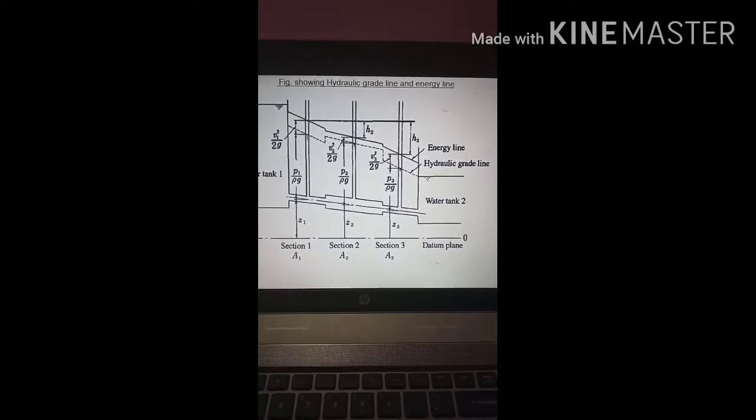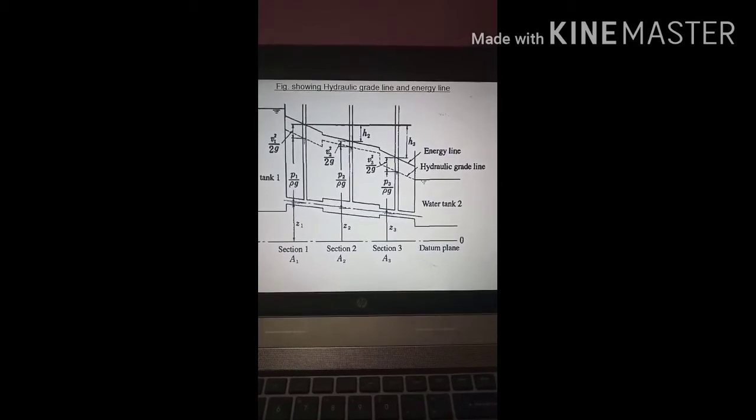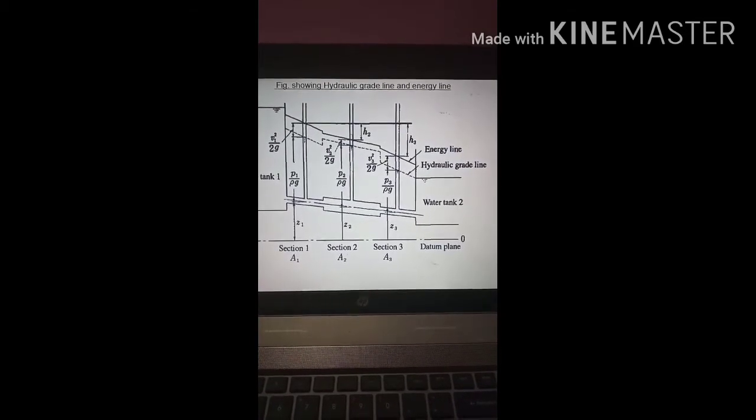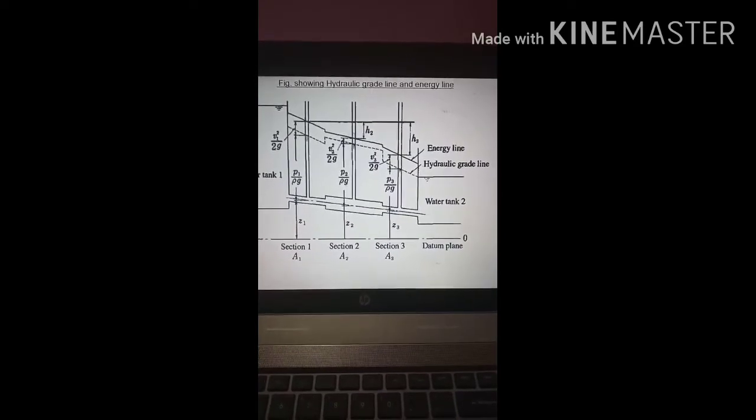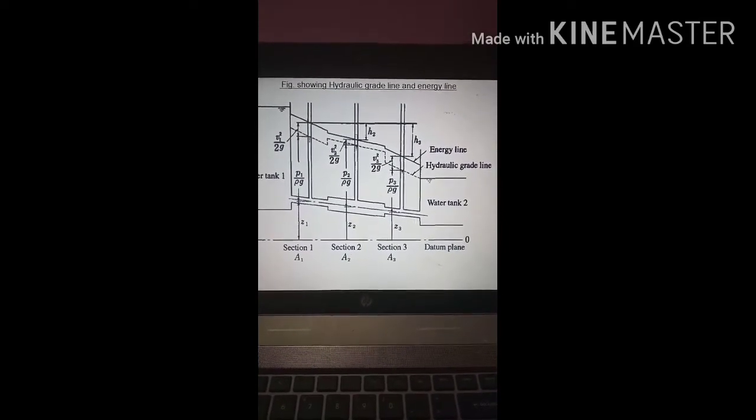Why is it decreasing? The line is decreasing because of the losses H2 and H3. H2 includes the losses due to sudden expansion as well as friction across pipe 2, and H3 includes the loss due to sudden contraction and friction across pipe 3.